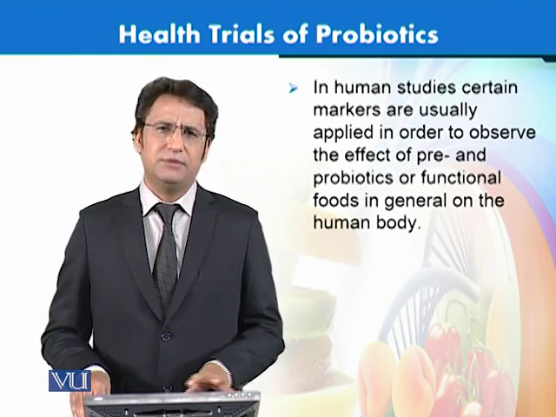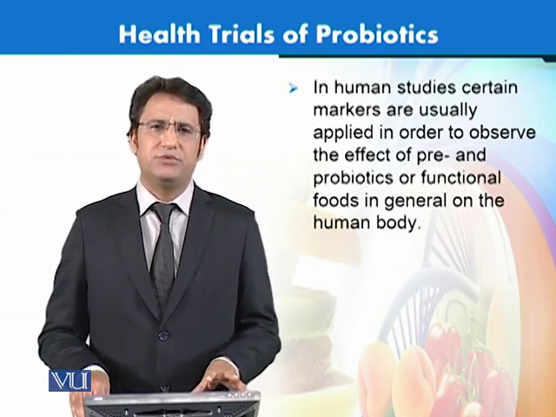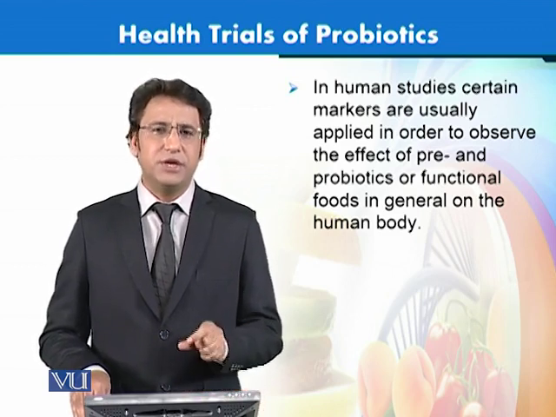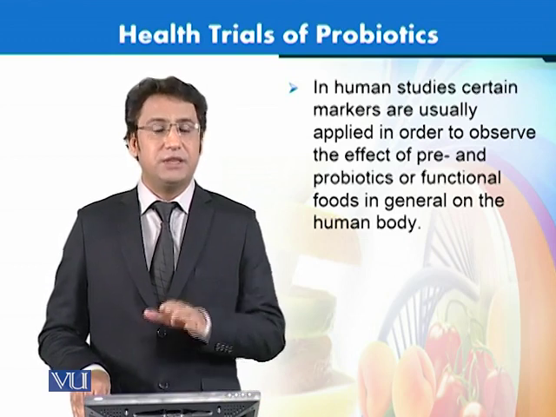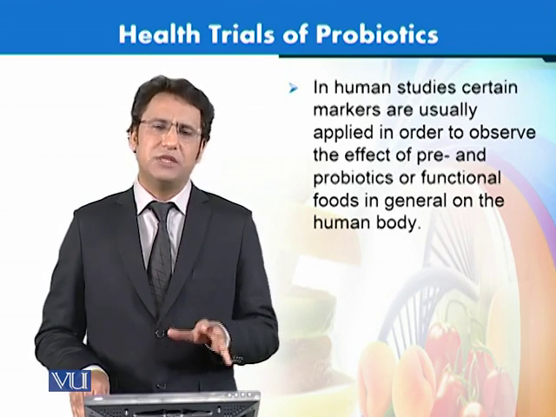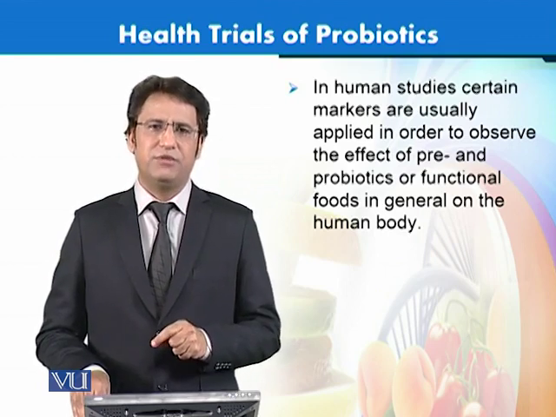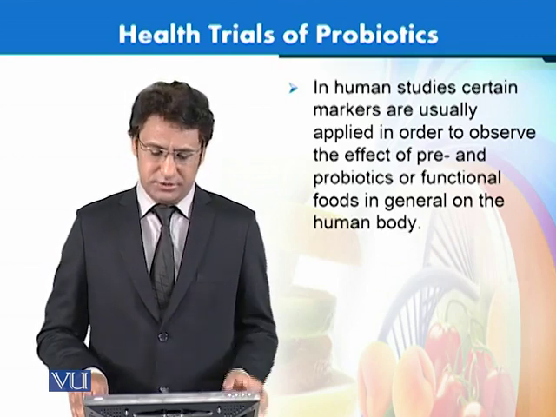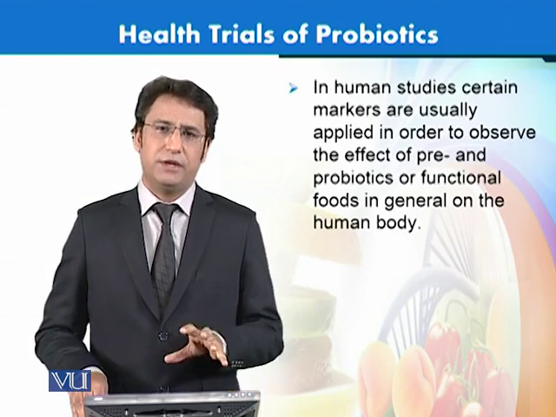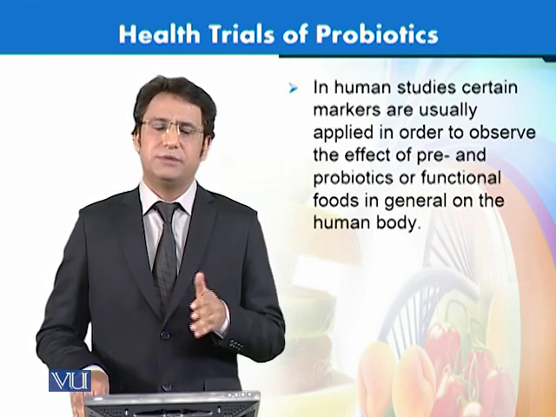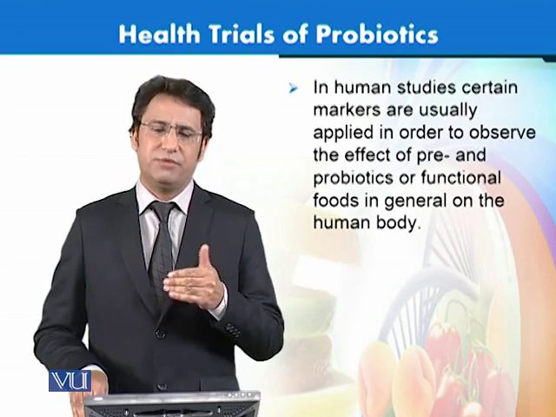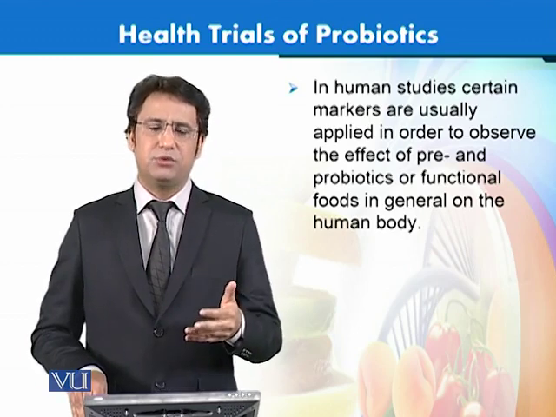We have to use certain markers whenever we do any clinical trial. Of course, it has to be measured by these markers. There could be different kinds of markers available. You would see a lot of research publications having emphasis on different markers. So we look at, for example, having given these probiotics to people and looking at different markers.